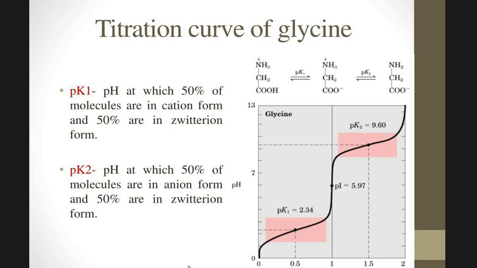The value in the titration curve of glycine is 5.97, that is the isoelectric point.